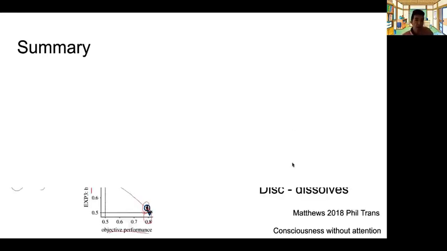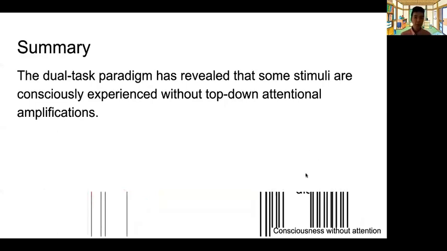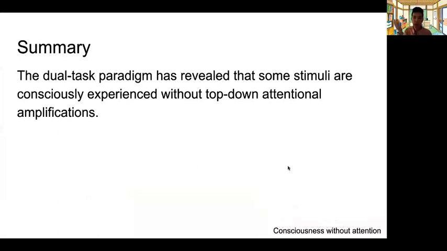To summarize, the dual task paradigm has revealed that some stimuli, namely face gender, are consciously experienced, which is verified by the metacognitive accuracy without top-down attentional amplification. But the same level of top-down attentional amplification applied to the disk is definitely not possible to raise it into the conscious experience, but for some reason face gender you don't need that kind of amplification.